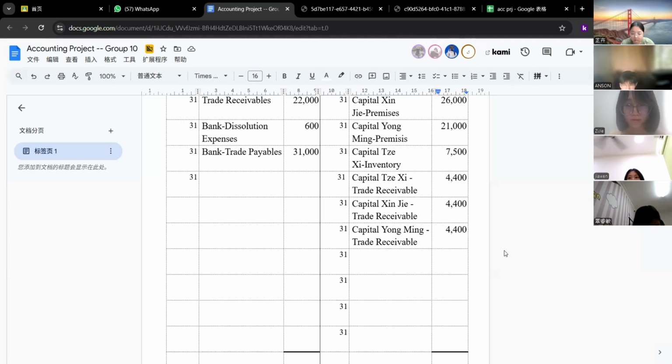So as usual, when we credit, we also need to debit. So we need to write bank, bank overdraft interest in our realization account.